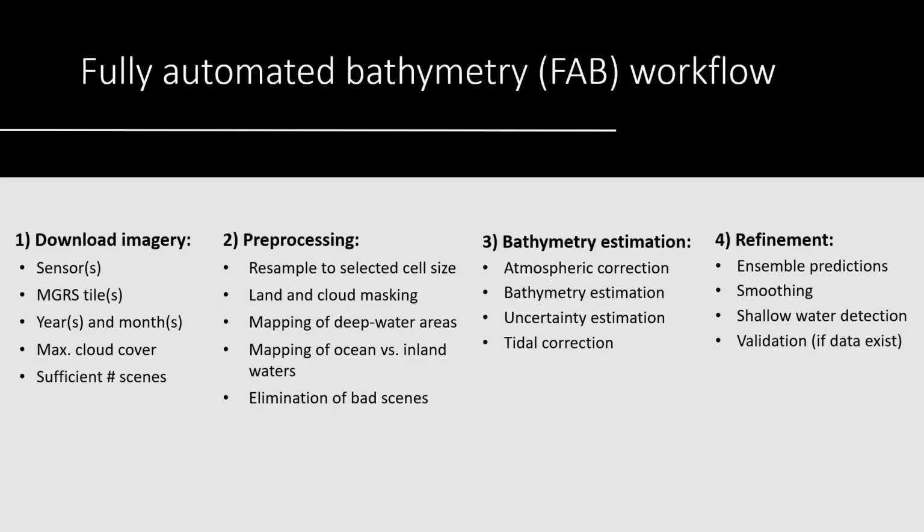Tidal information is then retrieved for each image from a global tidal model and used to reference the bathymetry to mean sea level. In the last step, the bathymetry estimates from each individual scene are combined into an ensemble product from which optically shallow water is then outlined, and comparison to validation data can be done if such data exist.